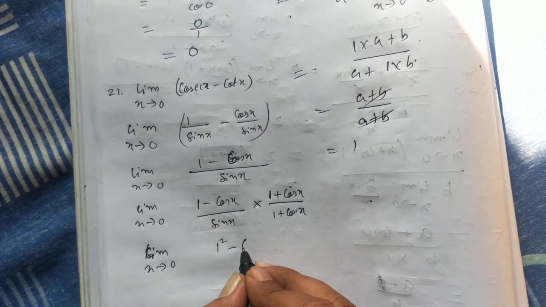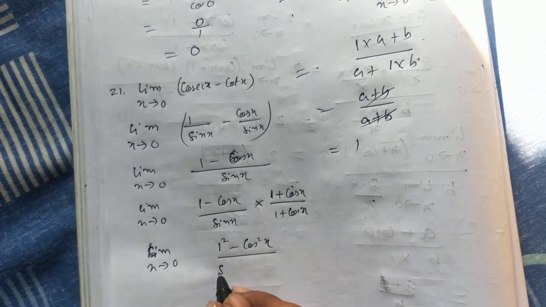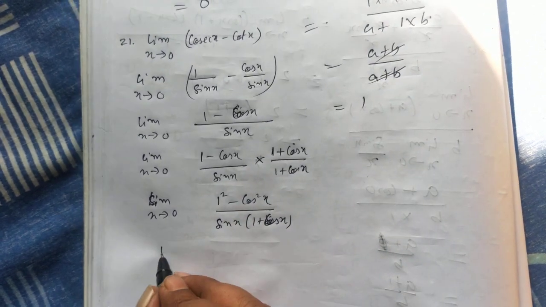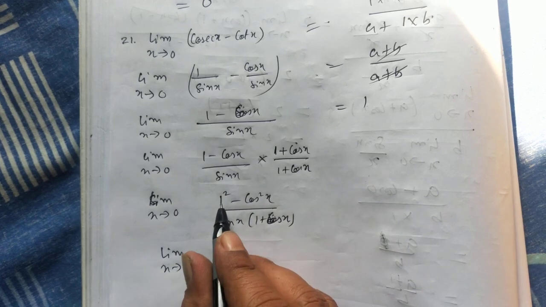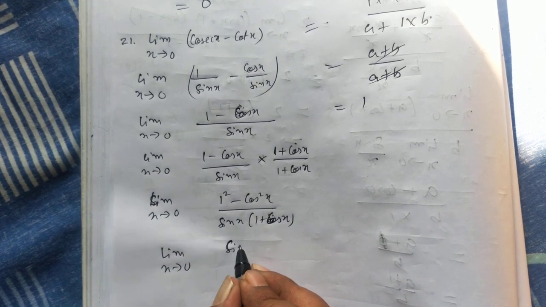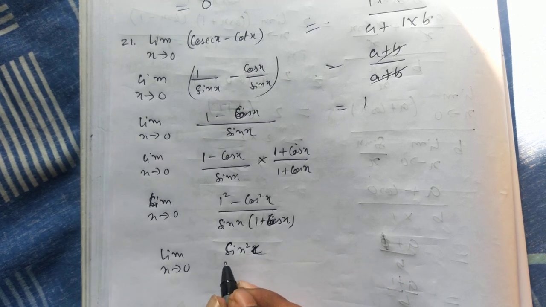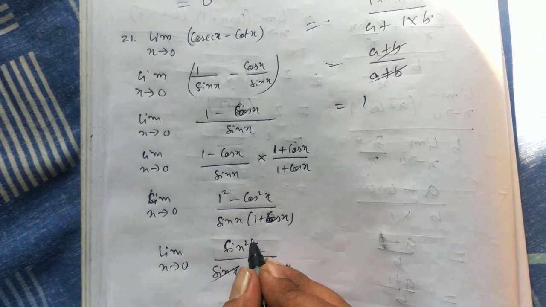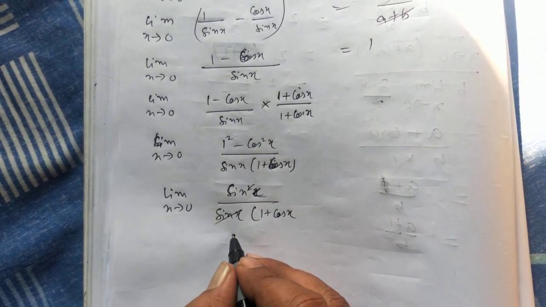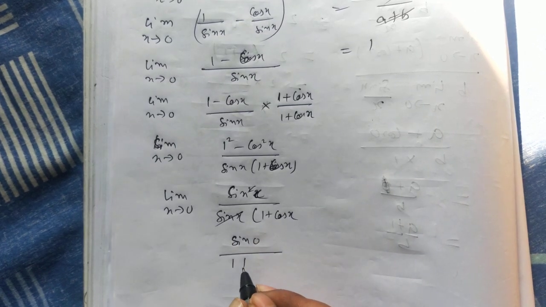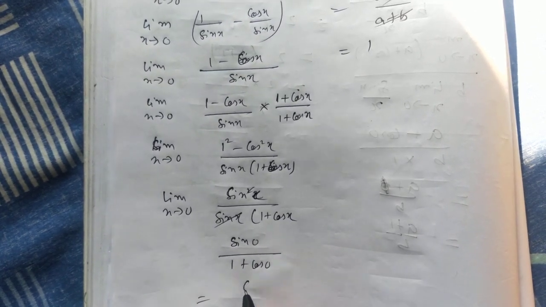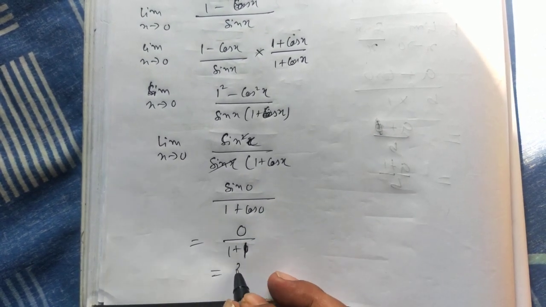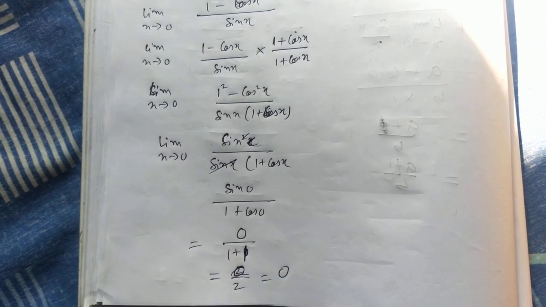This will be a square minus b square. One square is 1, and 1 minus cos square is sine square, a formula from trigonometry which you have done in grade 10. So we can cut this. Now I can put the value: sine 0 by 1 plus cos 0. Sine 0 is 0, cos 0 is 1. So we are getting 0 by 2, that is 0.